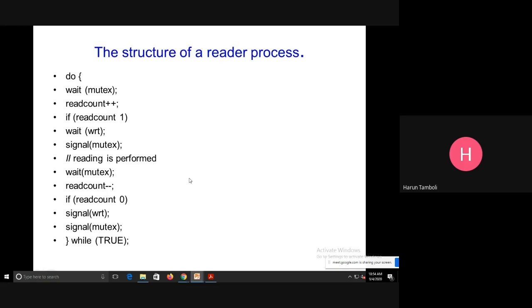So for that purpose, in the wait, the mutex variable will be decremented. So from 1, the value becomes 0. Since the value becomes 0, no other process can enter for incrementing or decrementing the read count. Since the wait operation is performed, it will increment the read count. Suppose this is the first process, so the count was 0.